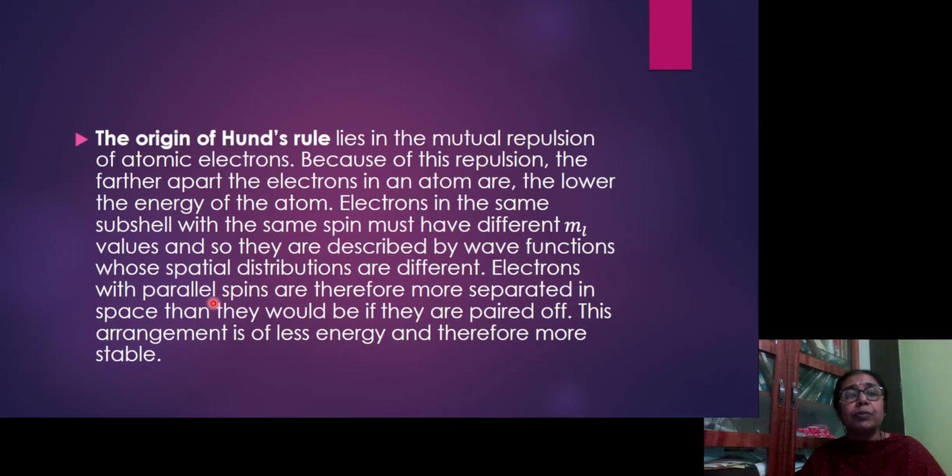So electrons with parallel spins are more separated in space than they would be if they were paired off. If the electrons are in different orbitals corresponding to different ml and have parallel spins, they will be separated from each other. This arrangement is of lower energy, as we have seen.